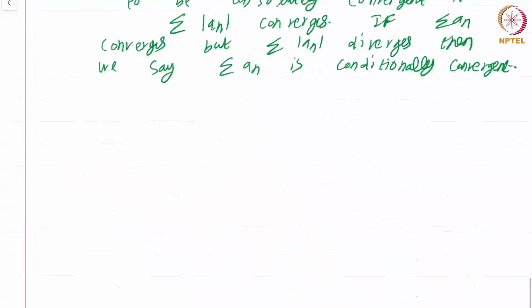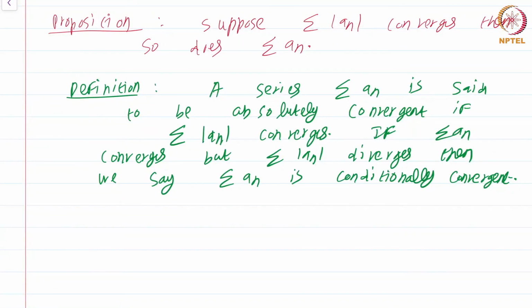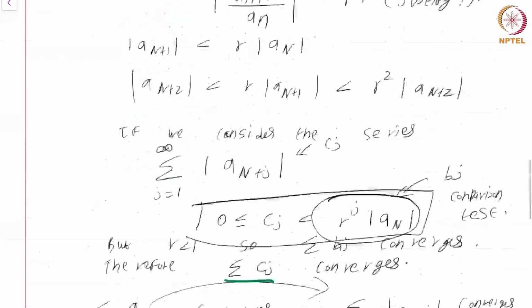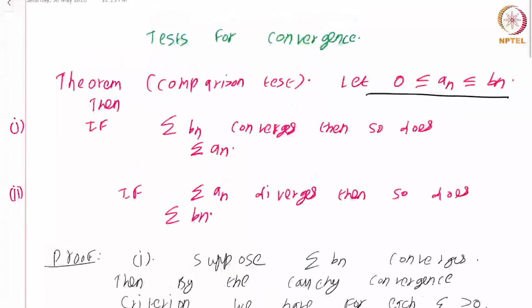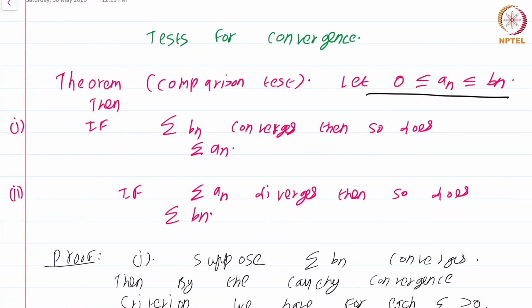So keep in mind that all the convergence tests that I am stating can be modified to take into account these remarks, that the behavior of a series really depends only on the behavior of its tail. For instance, in the statement of the comparison test, I am saying that you require 0 less than or equal to an less than or equal to bn.